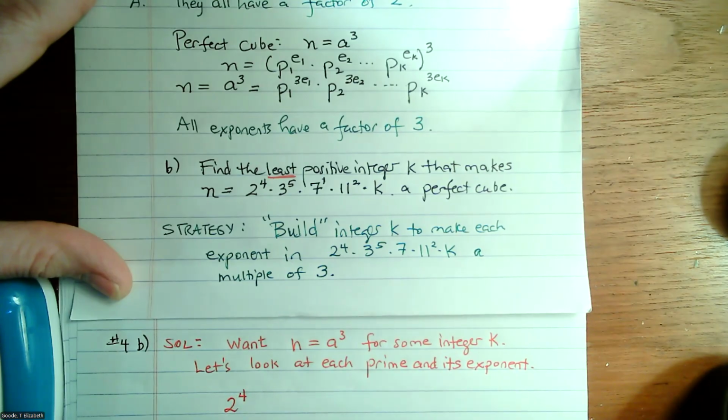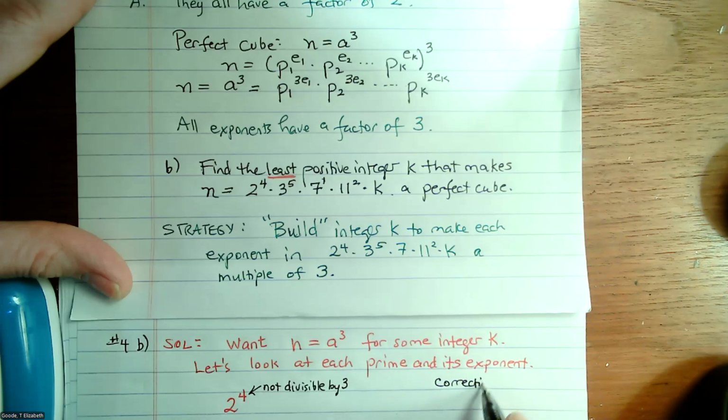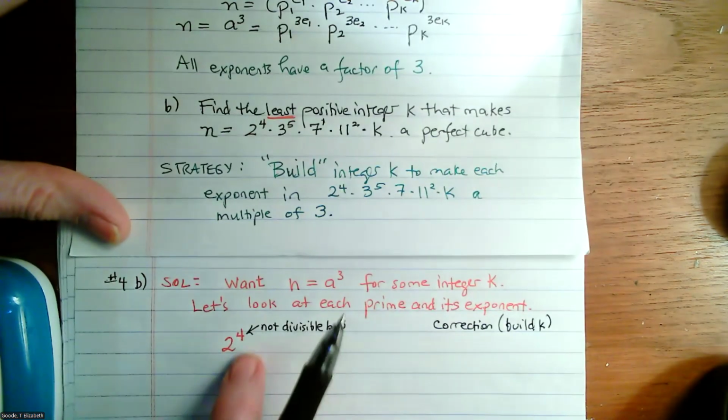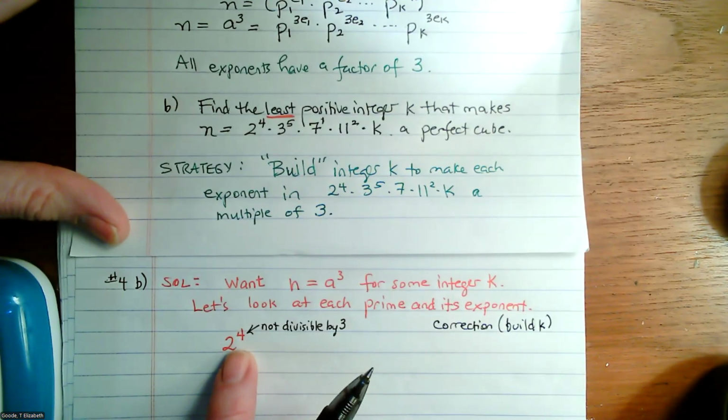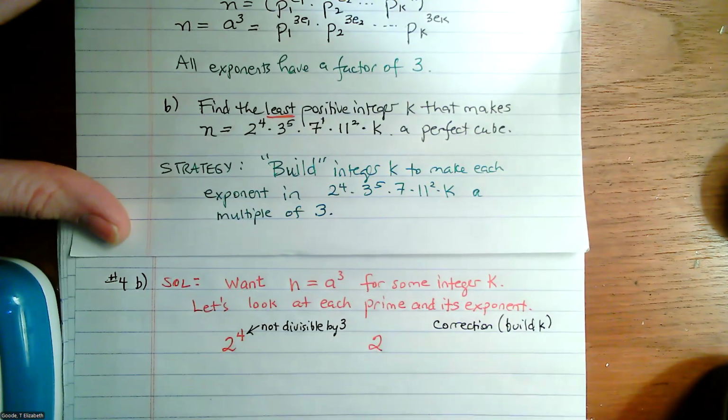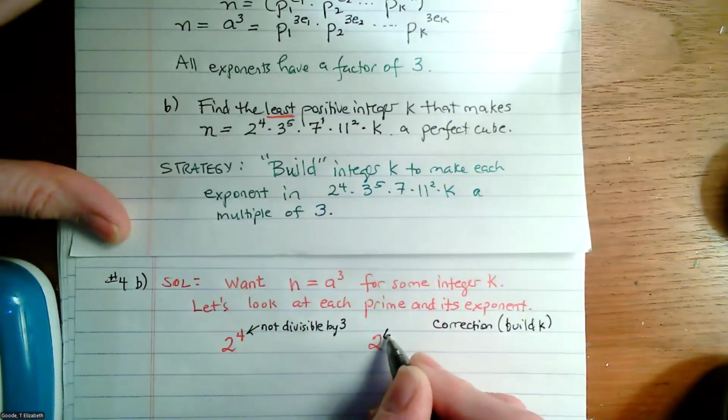And so let's look at 2 to the 4th. Okay, so 4 is not divisible by 3. So we're going to do a correction as we build k. So what is the next smallest integer that is divisible by 3? 6. That's right. So we want 2 to the 6th.